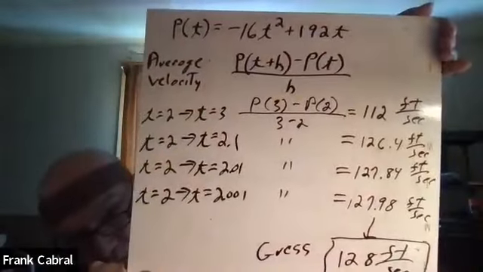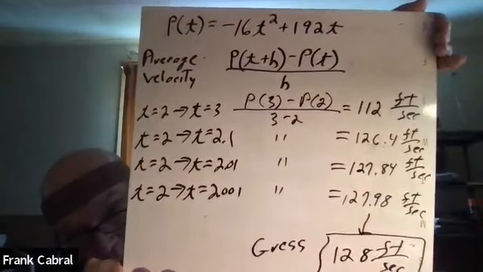Now, when I say it's a guess, it's an educated guess, based on the fact that I'm guessing that 128 is the limit when the value of h gets very, very small. Okay?